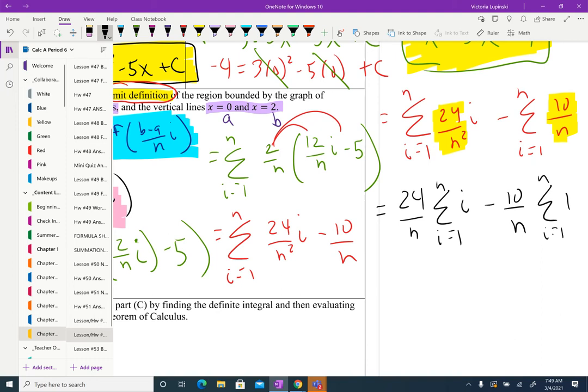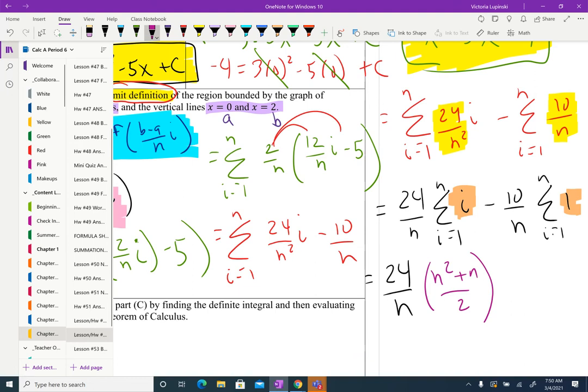Okay. The whole reason why you want to do that is because this is a formula and this is a formula. If those don't wind up being formulas, then none of this works. So in the next step, I'm actually applying the formulas, which is why the summations are going to be gone. So 24 over n squared, that's the constant. And then the sum from 1 to n of i, that's a formula. It's (n squared plus n) over 2.